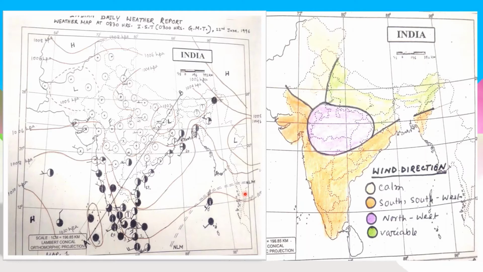So, according to the dominance of wind direction, 3 wind directional zones and 1 calm condition zone have been prepared to interpret the wind direction. From the weather map, it is clear that south, southwest and west winds are prominent over the eastern and western coastal areas of India.